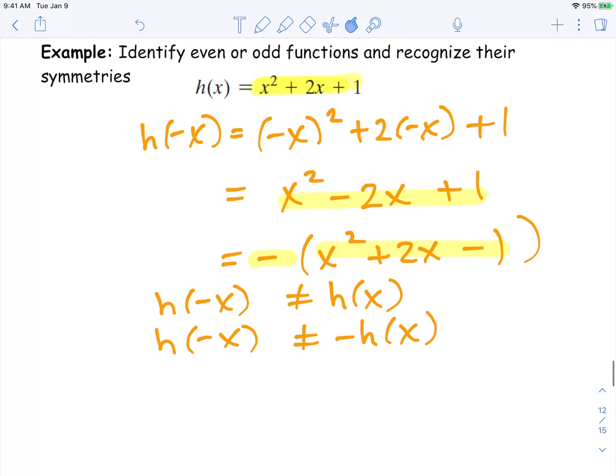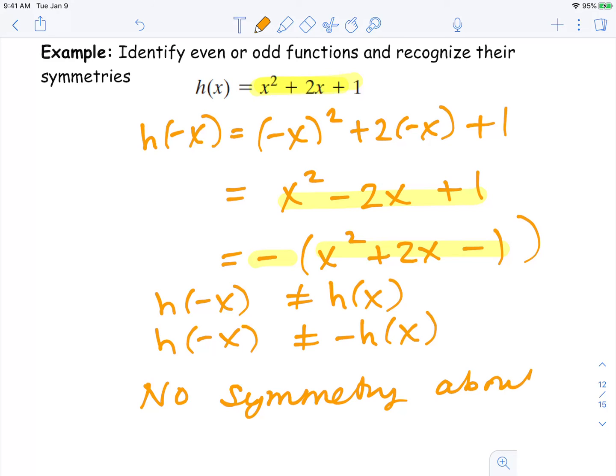So we do not have an even function or an odd function. There is no symmetry about the origin or y-axis.